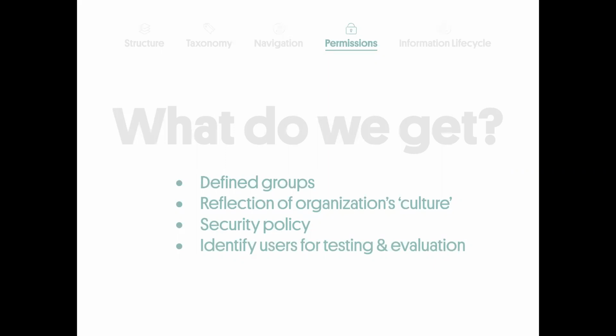Is this what you wanted? Are you able to find that information? Or has anything changed since then? Perhaps there's been a reorg, or perhaps there's a new product, and you need to start thinking about how to incorporate that into it. You can use your permissions tables to identify those groups for those kinds of tasks later.